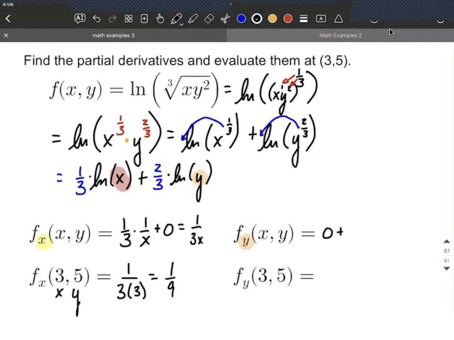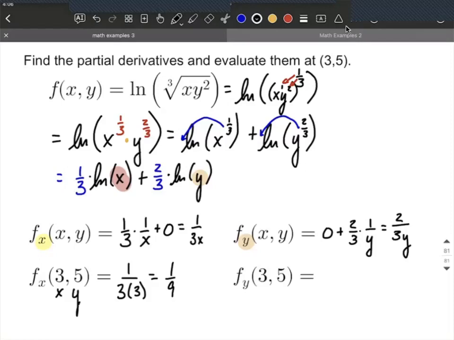Plus 2/3 comes along, multiplied by the natural log of y, its derivative is 1/y. Go ahead and forget about that 0 plus at the beginning. Multiply our numerators, multiply our denominators. We have 2 times 1 makes 2, 3 times y makes 3y.